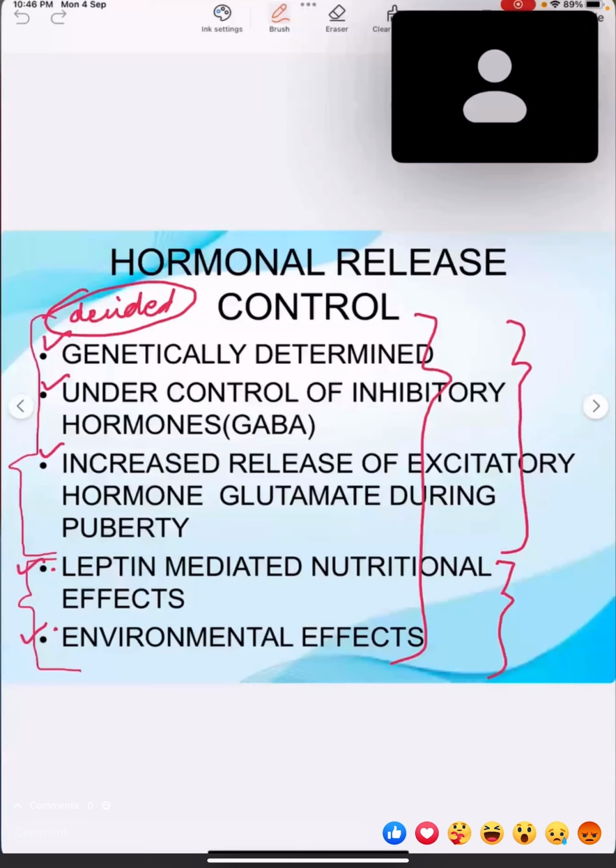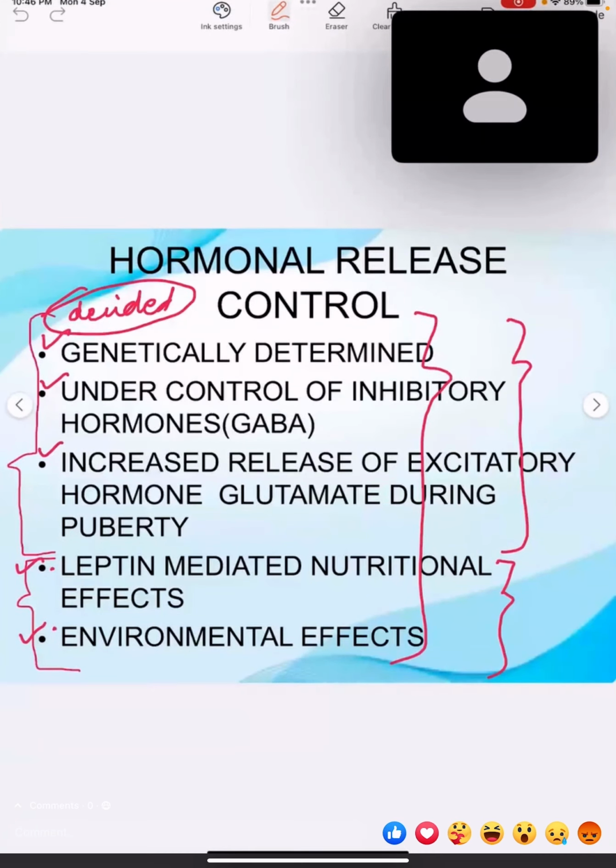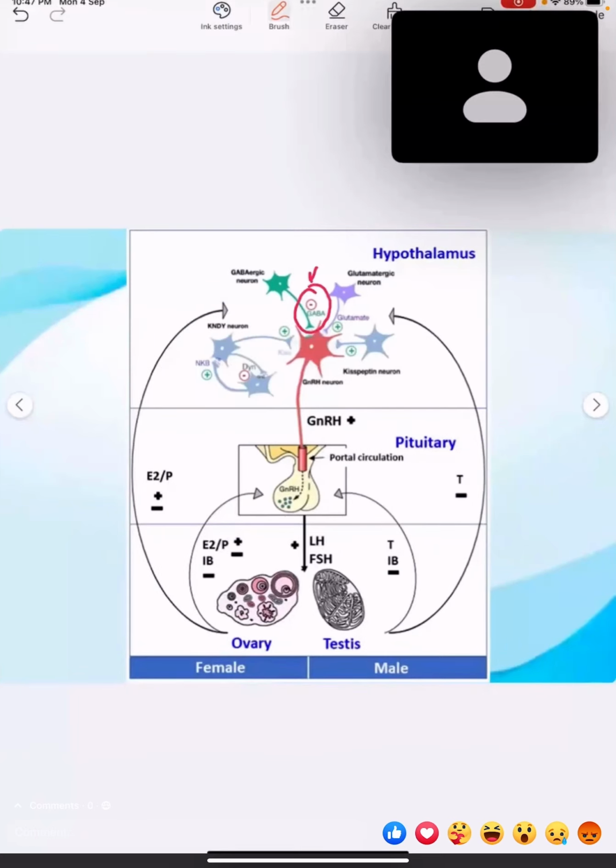So the first thing is that it is genetically determined. If I have to be precocious, that is determined. The second is under the control of the inhibitory hormone, that is GABA. This GABA has a negative effect on the hypothalamus and pituitary axis, which is going to release the gonadotrophic hormones.